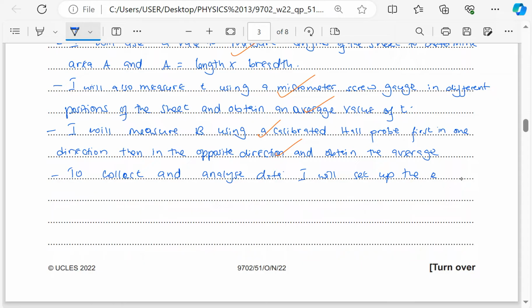I'll set up the apparatus as shown above.